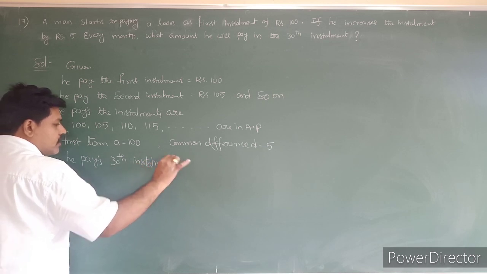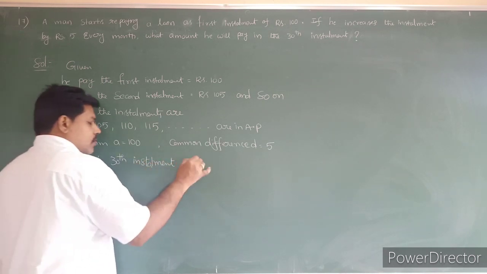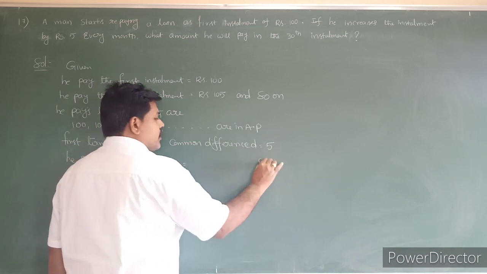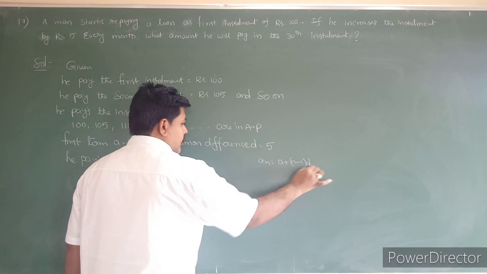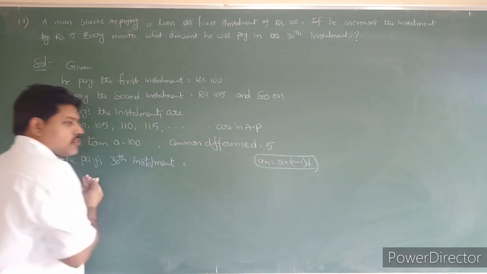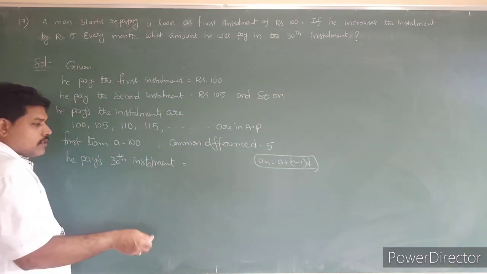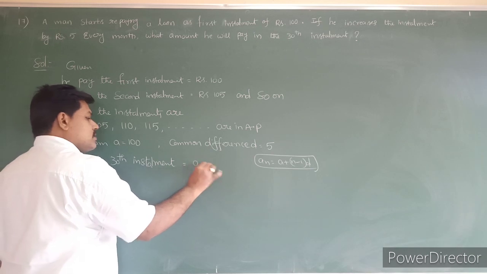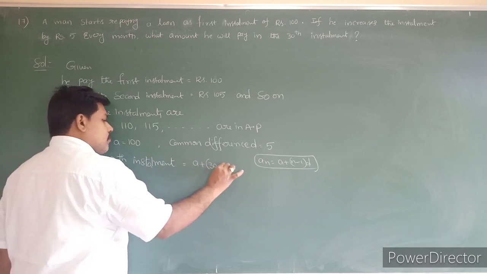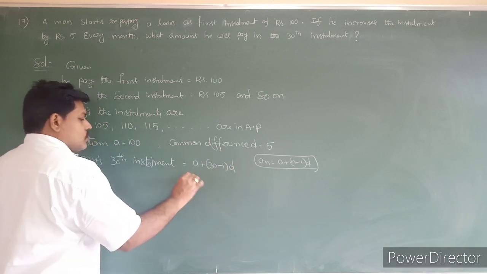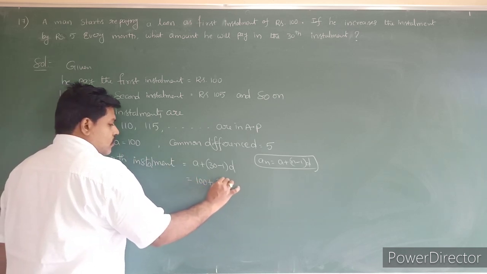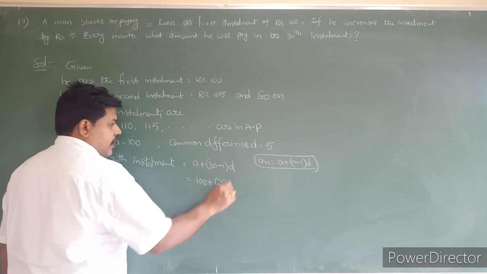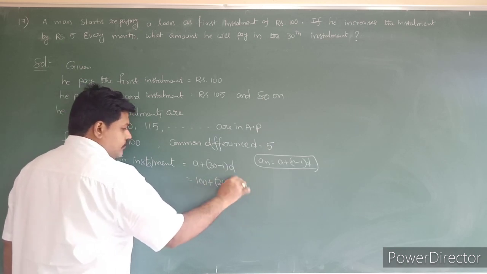It is the 13th installment. So what is the AP formula, already known? a_n is equal to A plus n minus 1 into D. So here the 13th installment is nothing but the 13th term. So the 13th term formula is A plus 13 minus 1 into D. So what is the A? A value is 100, plus 12 into D. D is 5.